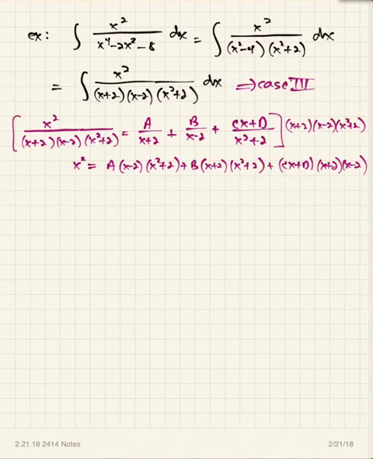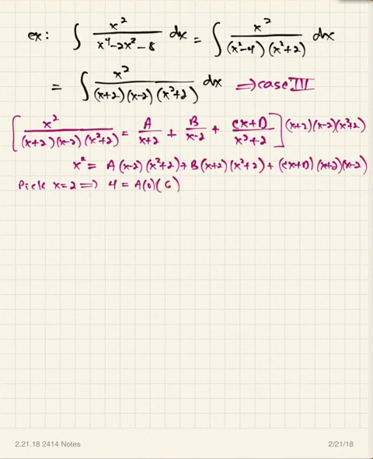All right, so let's go ahead and pick some x values and see how far we can get with that. So if we pick x equals 2, that would be good to pick. So we have 4 equals, and this would be a times 0 times 6.